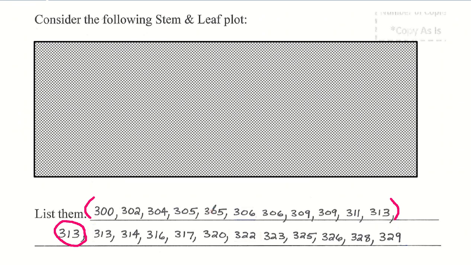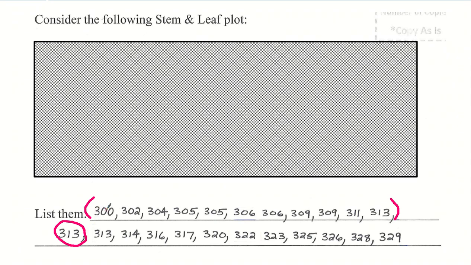Sometimes it's exactly half, sometimes slightly less than half. In this case it's not exactly half because this number is the median, but we can still call this the lower half. Again, the lower quartile is the median of just this lower half.